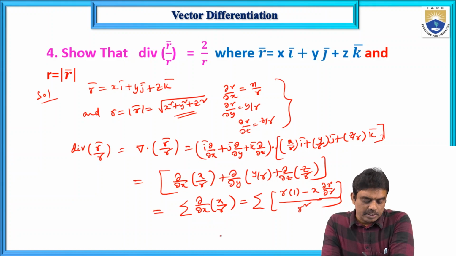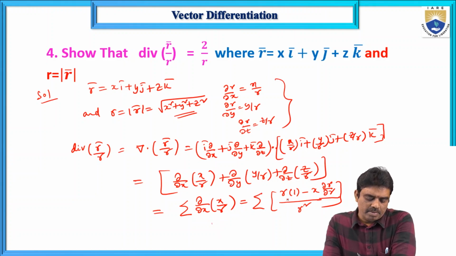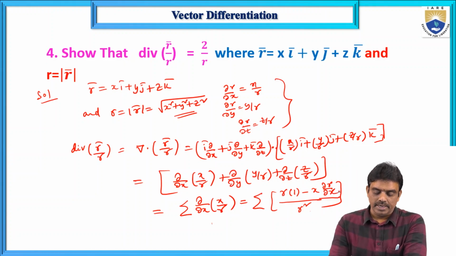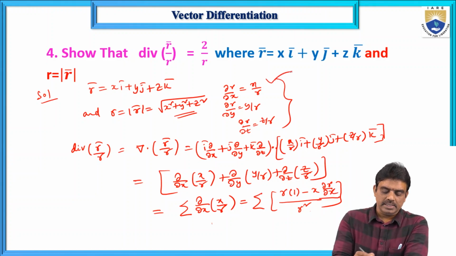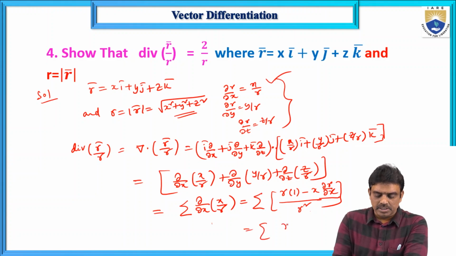Already I have written r square in the denominator. So here r into 1 minus x into ∂r/∂x. But what is ∂r/∂x? x by r. So this is summation of (r minus x into x by r) by r square.